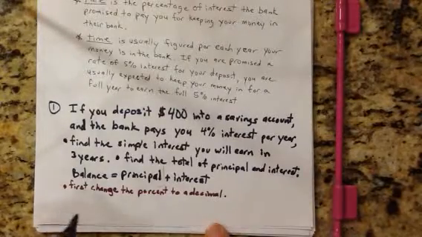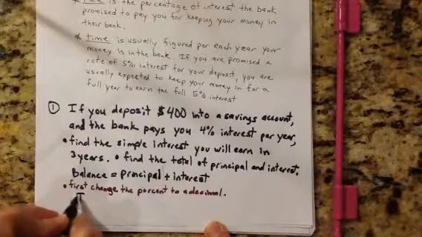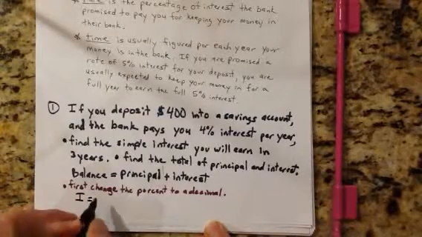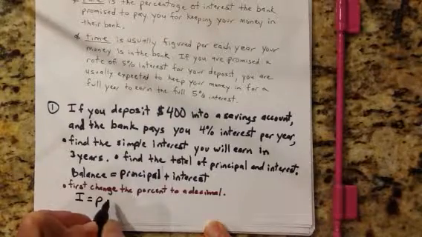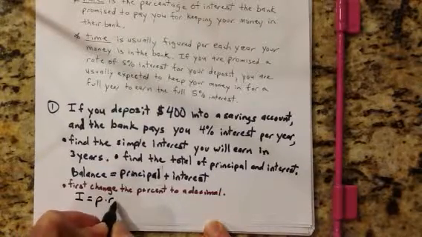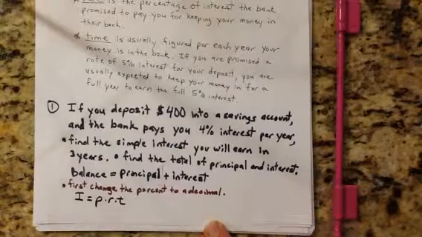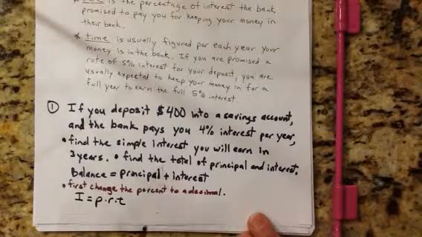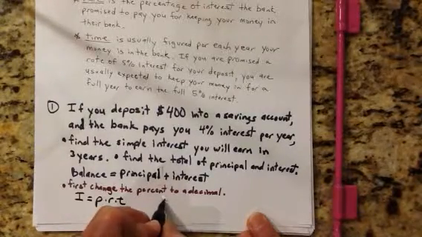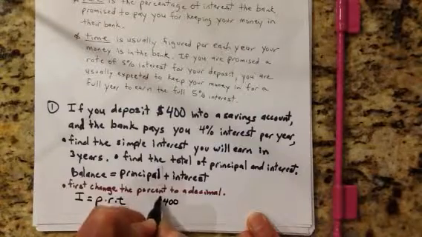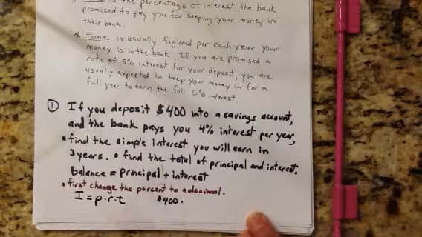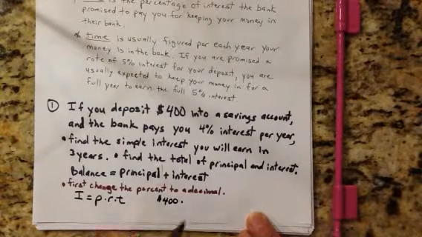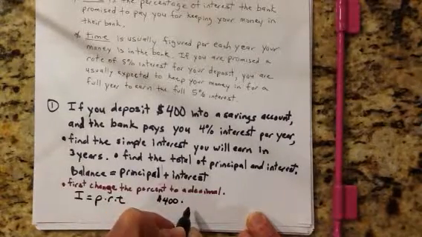Again, our formula is interest equals principal, which is the amount you deposit, times your rate times your time. Our principal is $400, and we are going to multiply that by our rate, which was 4%.